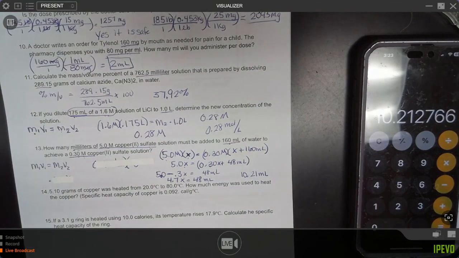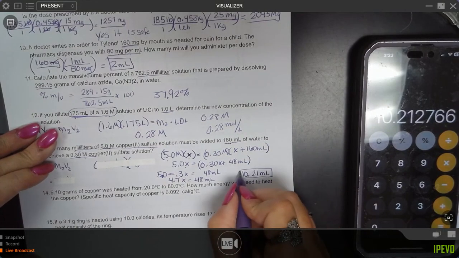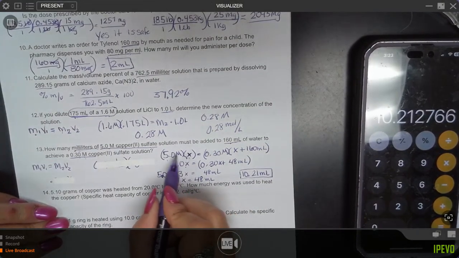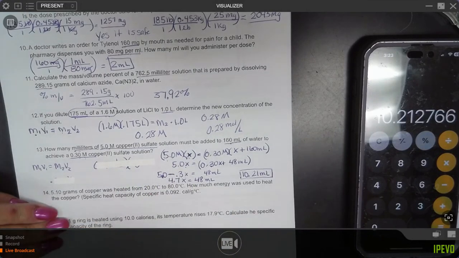What is that number? Okay, that number is how many milliliters of this 5 molar solution we would use.